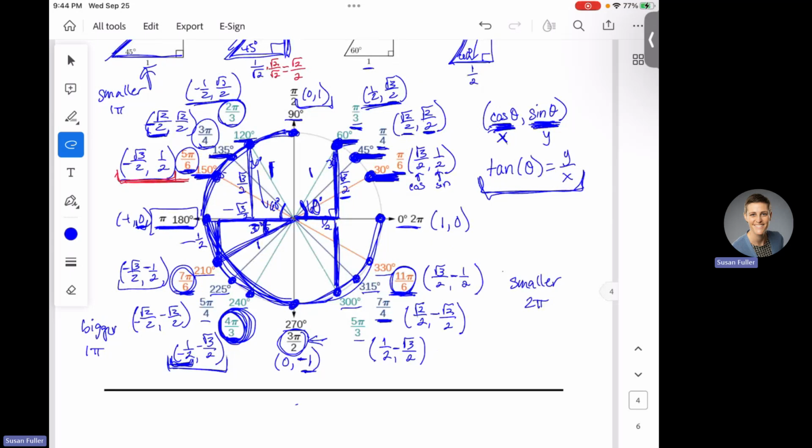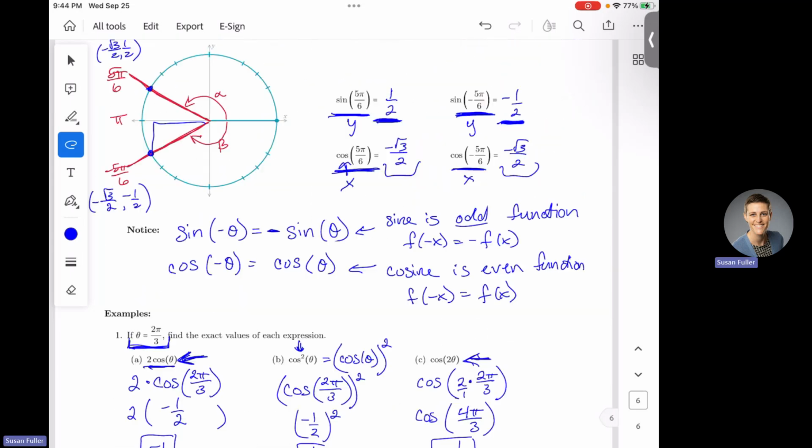A negatively rotating angle is going to flip everything upside down. You'll remember from our negatively rotating angles, -3 pi over 2 was up here. It's in the same spot as pi over 2. This is the ordered pair we're looking for. And we are looking for the sine of that angle. The sine of -3 pi over 2 is your y coordinate of 1.